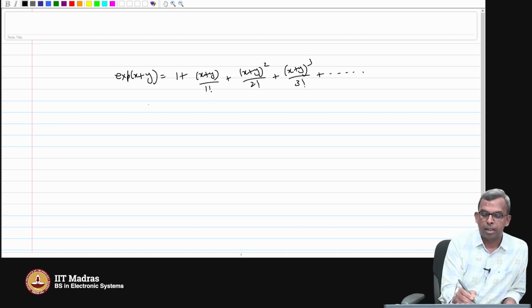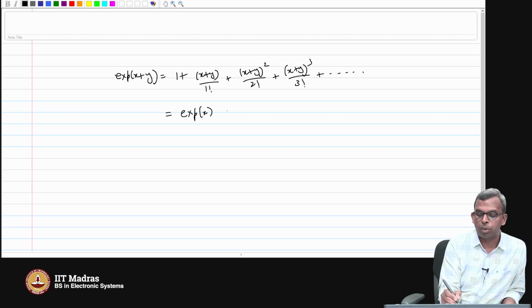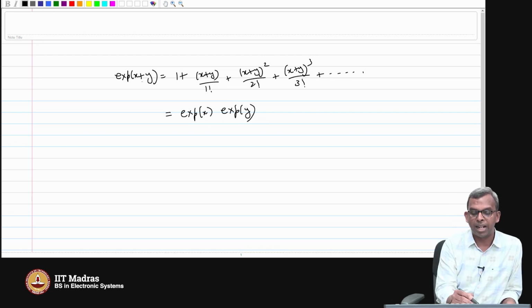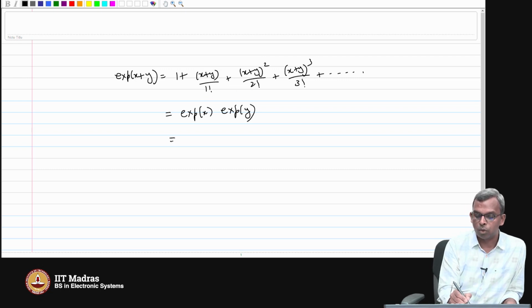Turns out this is going to be equal to the exponential function evaluated at x multiplied by the exponential function evaluated at y. So here we did addition and then we plugged in the exponential function. You got this, and this is going to be equal to this.